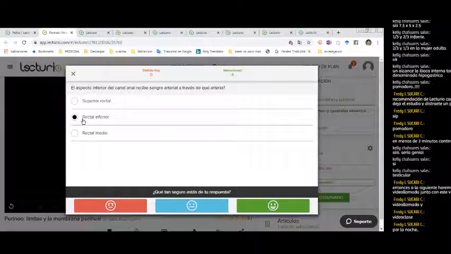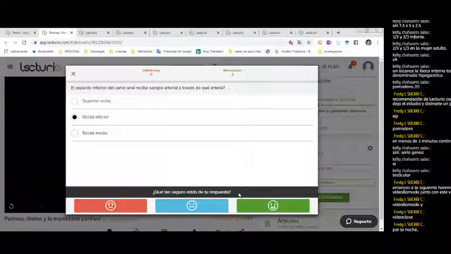Por el foramen ciático menor baja el músculo obturador interno, y también van la arteria, vena y nervio de la pudenda. Ya, rectal inferior.